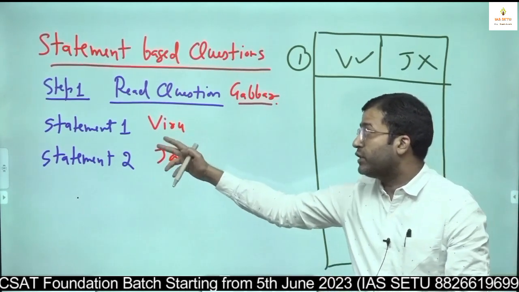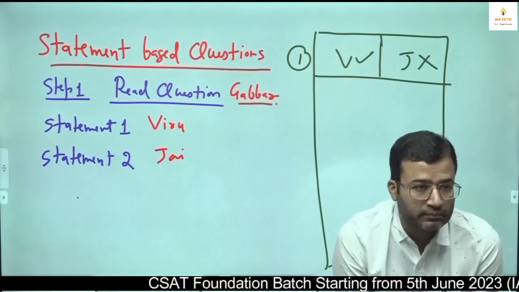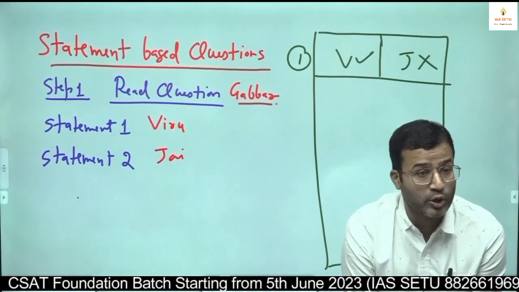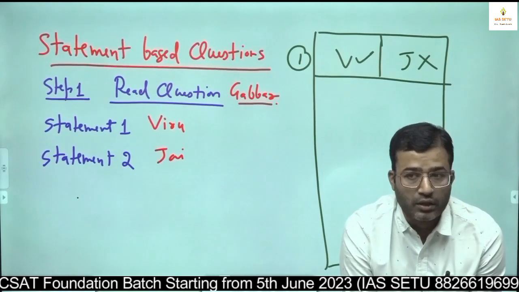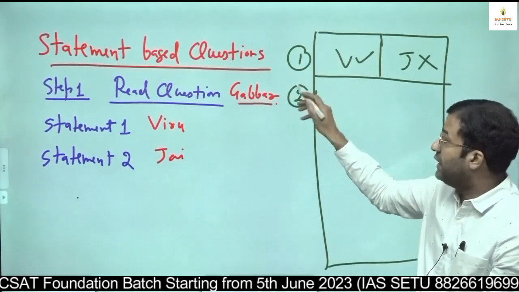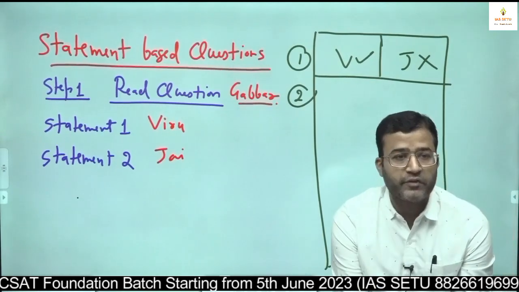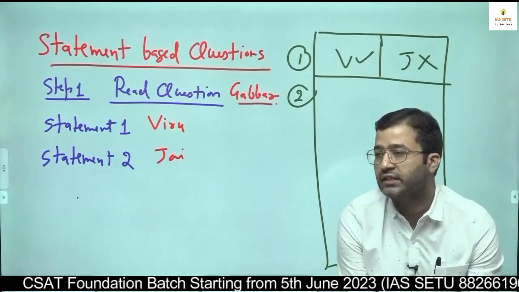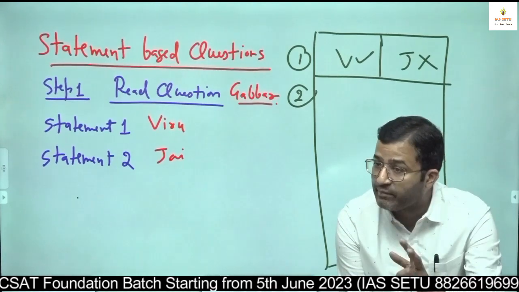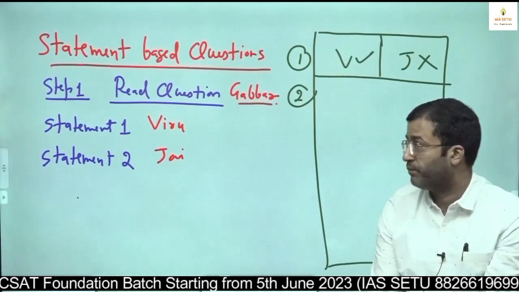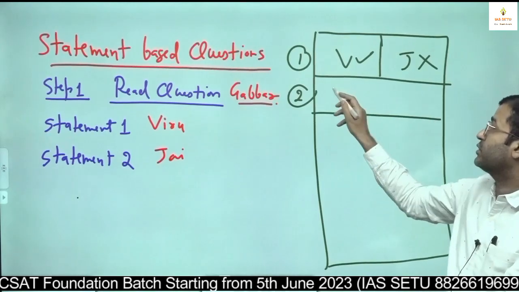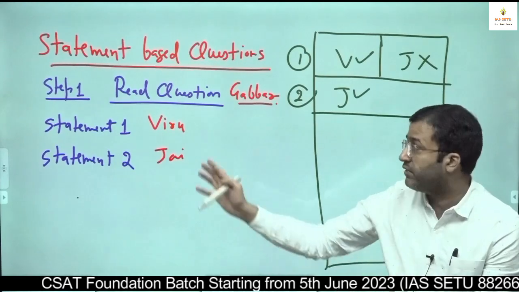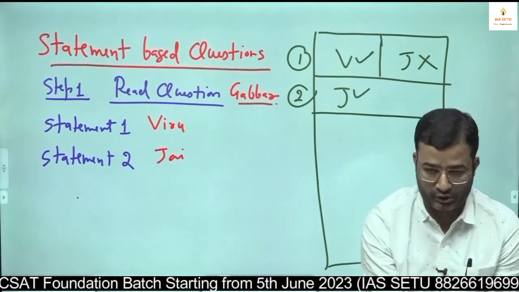Here if Viru is able to handle that question or Gabbar, you have to give a chance to Jay also, otherwise he will feel bad. So here second, still you will say Gabbar was defeated by Viru alone, but still you have to give a chance to the second statement. We will check the same question with statement 2 alone. So you might find a possibility Jay alone is able to defeat Gabbar, but whereas Viru alone is not.